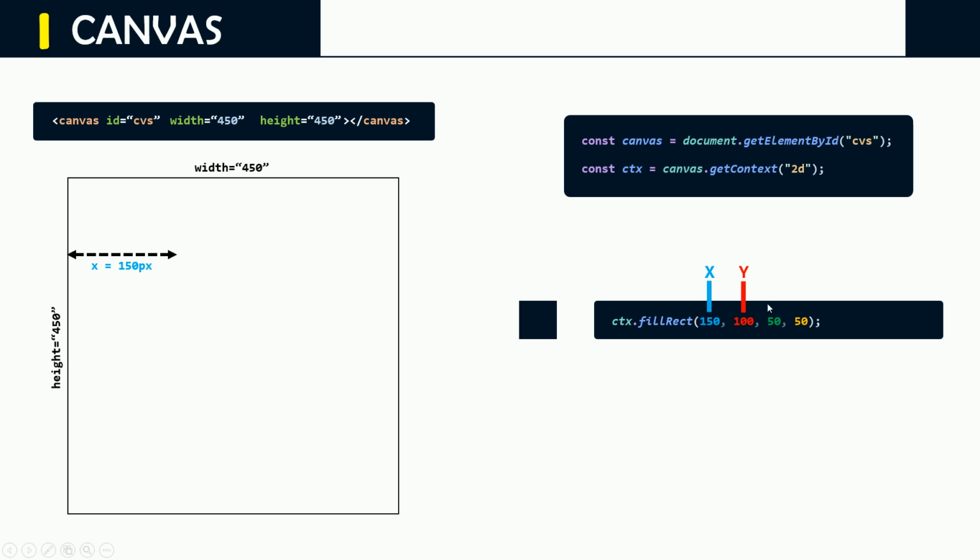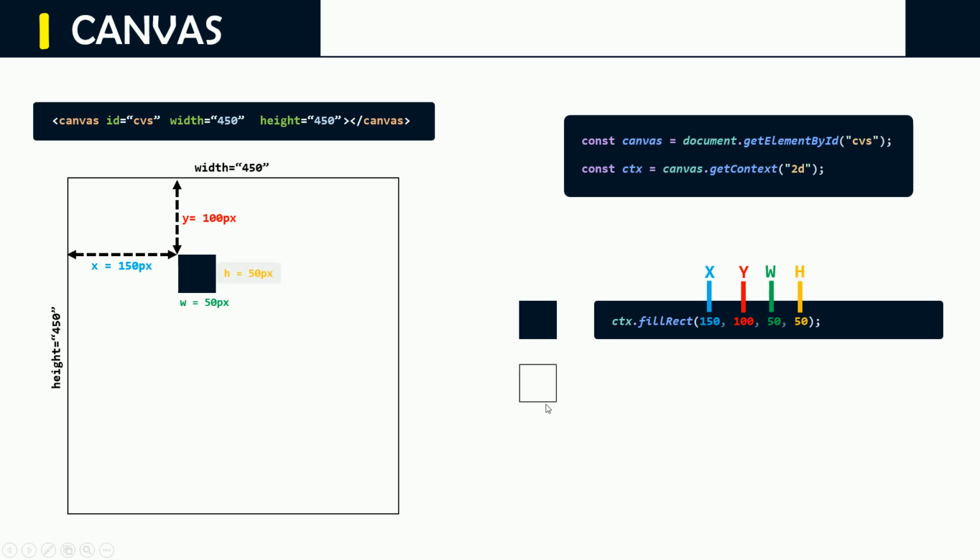And if you say y is 100 pixels, you're gonna start from the top and take 100 pixels from there. Now for our rectangle, its width and height are both equal to 50 pixels, which means our rectangle will be drawn here with a width of 50 pixels and a height of 50 pixels.